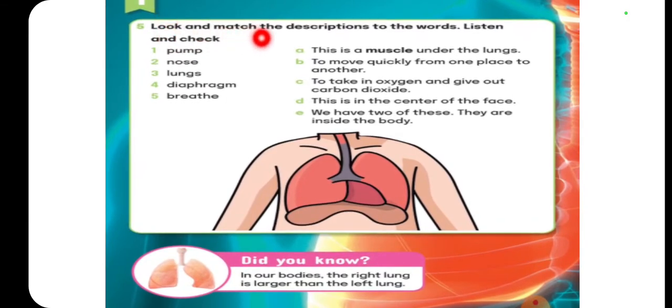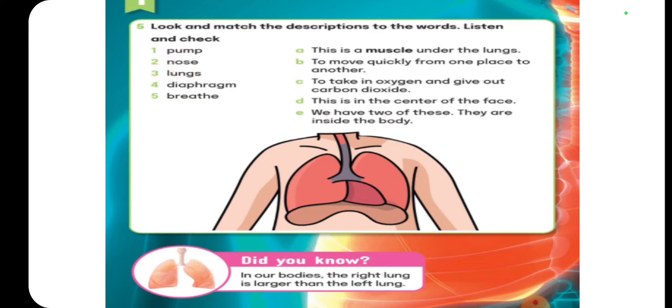Look and match the descriptions to the words and listen and check. We have here some words and we want to match them to their definitions. Number one, pump.